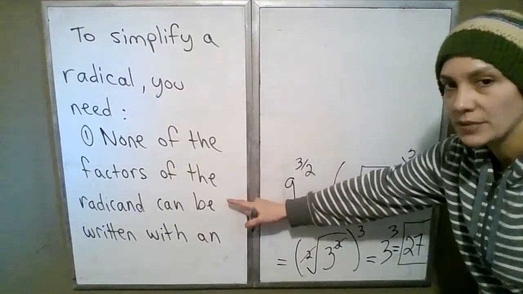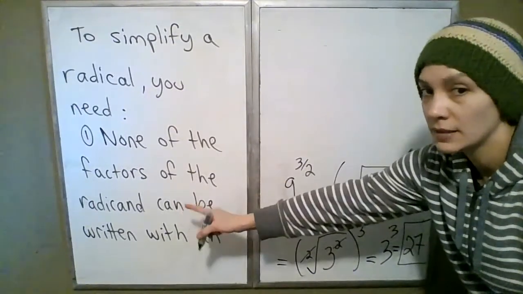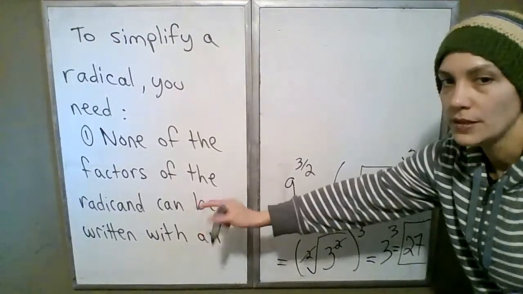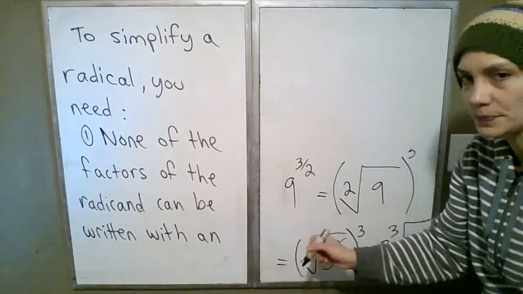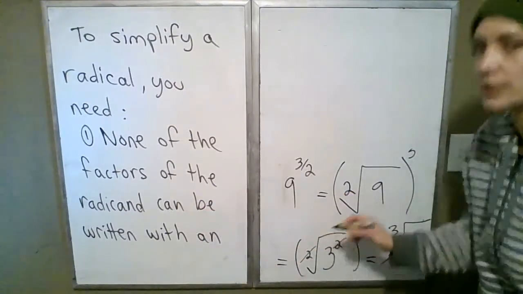The radicand is anything underneath the root sign. So none of them can be written with an exponent greater than or equal to the root.